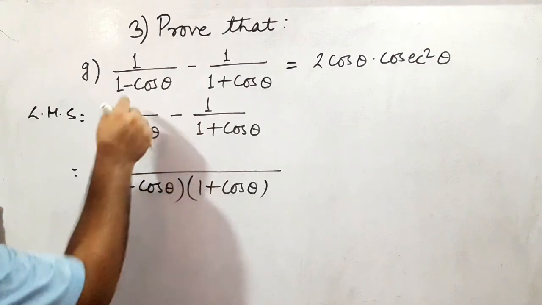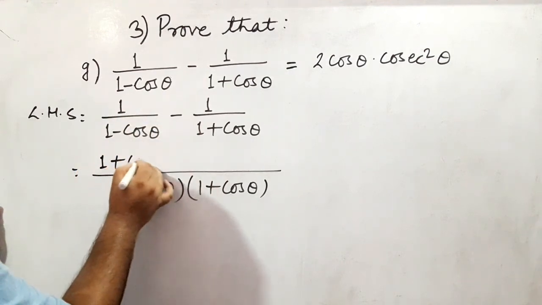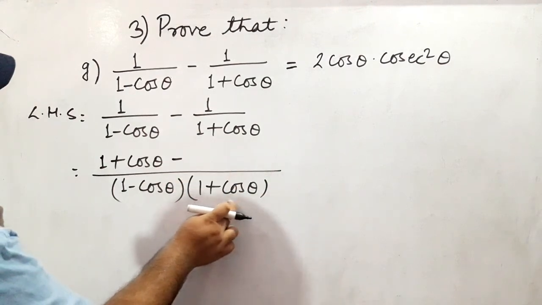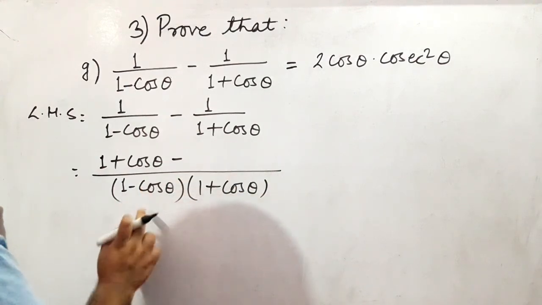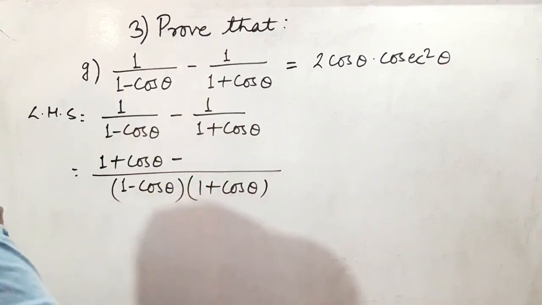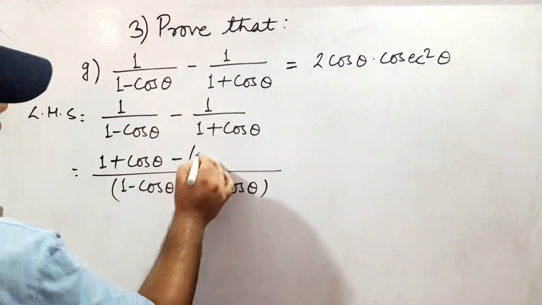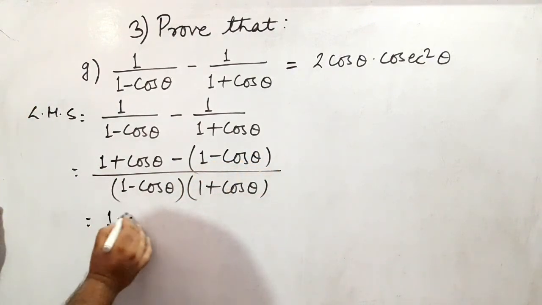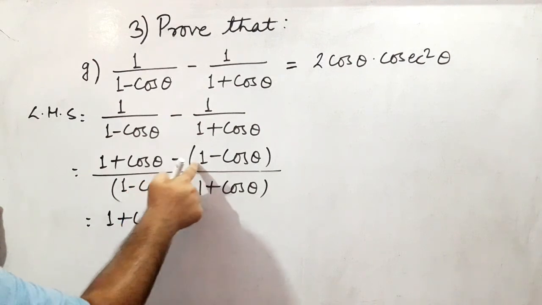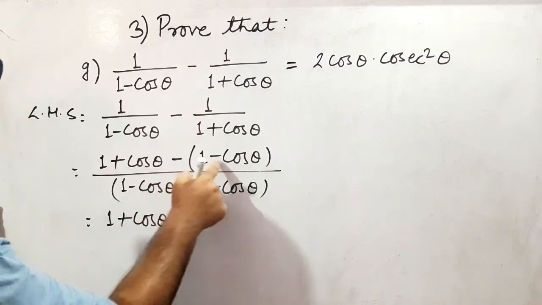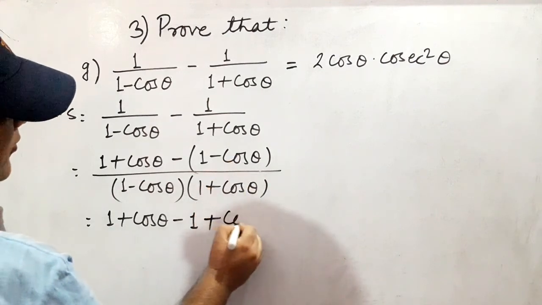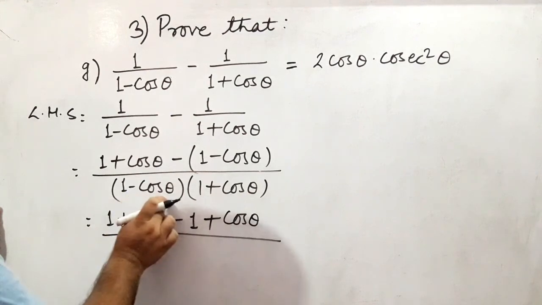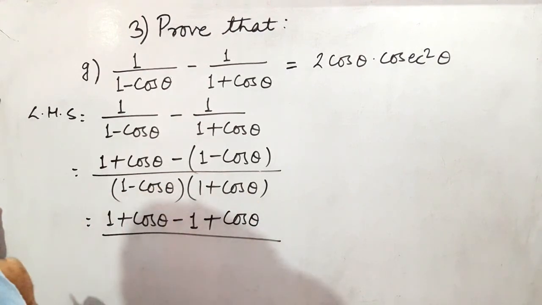So 1 plus cos theta into 1 plus cos theta minus 1 plus cos theta, they get cancelled. The remaining expression is 1 minus cos theta. So 1 minus cos theta into 1 would be 1 minus cos theta. I shall write in bracket 1 minus cos theta, 1 plus cos theta minus 1, minus into minus plus cos theta by 1 plus cos theta, 1 minus cos theta, a plus b, a minus b, a square minus b square.